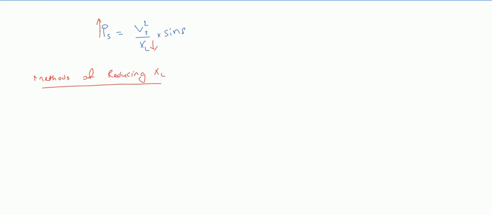We have a different thing: we can connect parallel connections. With a parallel connection, inductance will reduce. So we can use parallel lines, or we say double circuit line, to reduce XL.